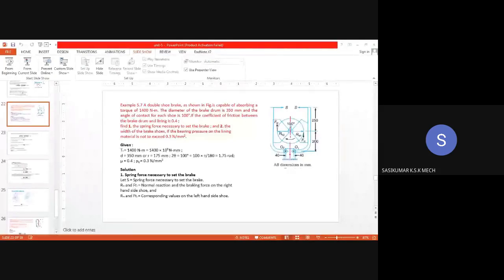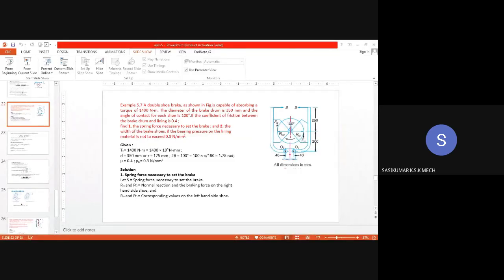This is the portion where the blocks and drum are having contact with each other. This block is having an angle of 100 degree. Similarly, this block is having an angle of 100 degree. One way of increasing the frictional forces is by increasing the angle.